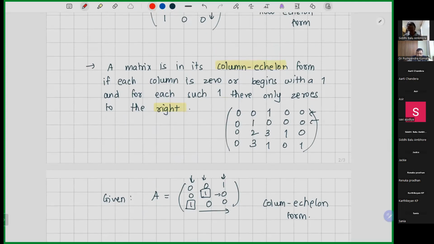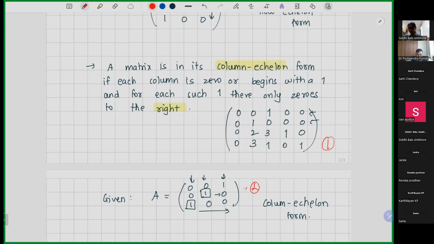Yes, sir. The example that you gave for column echelon, that is not column echelon, right? Why is it not column echelon? No, the example I am asking, in the last row, the red color one, the first one.